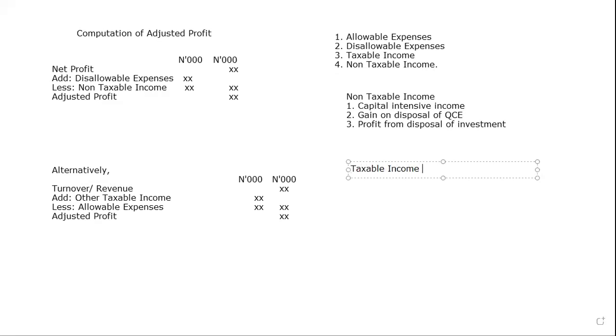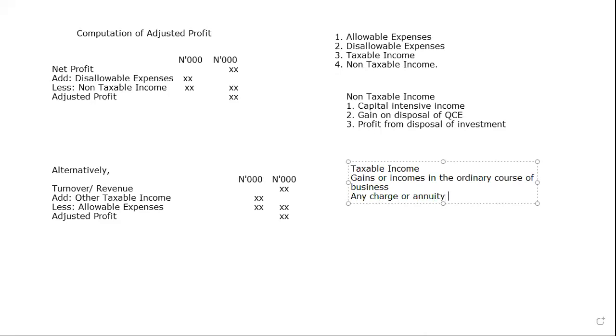Taxable income, right? So what is taxable income? Specifically, one, any gain or income in the ordinary course of business. Then we have any charge or annuity.